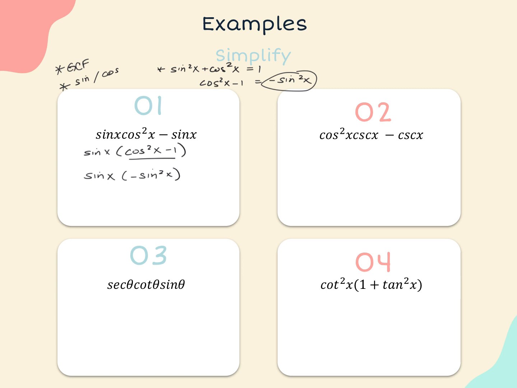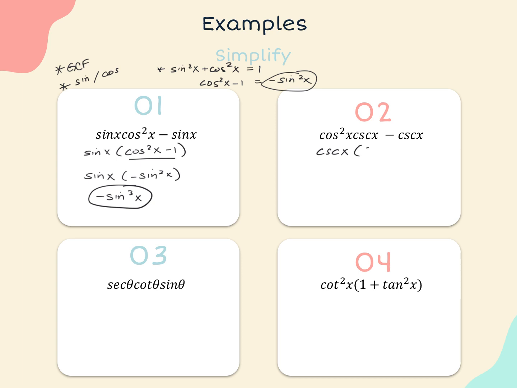Now I can multiply these together and get minus sine cubed x, and I could simplify it like that. So those Pythagorean identities are critical, and you want to get used to manipulating them and moving things around.